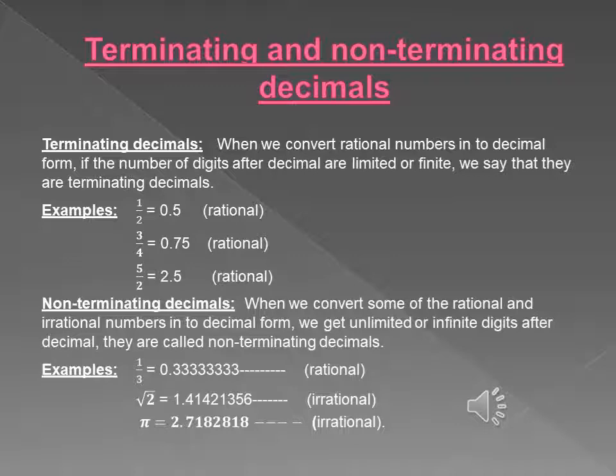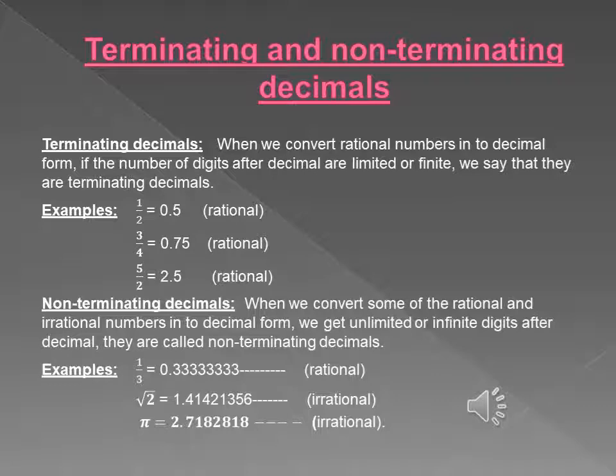If we convert some of the rational and irrational numbers to the decimal form, we observe that the number of digits after the decimal are unlimited or infinite. Then they are called non-terminating decimals.